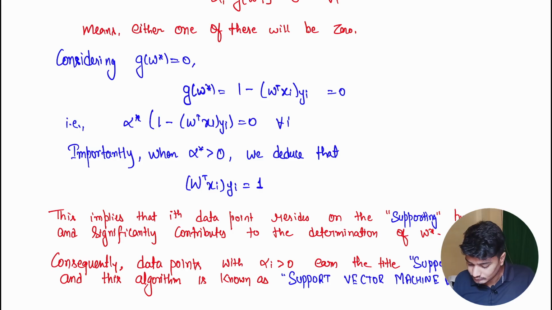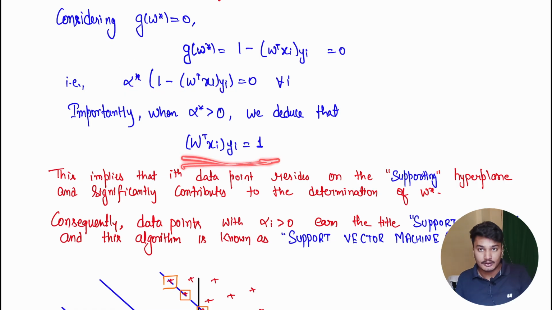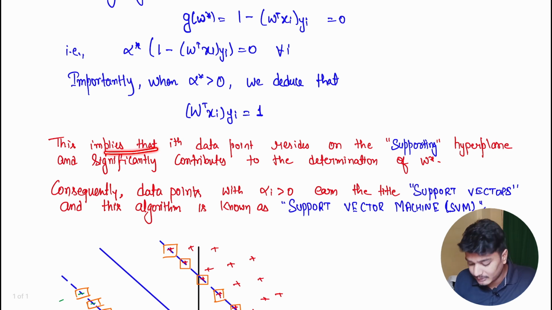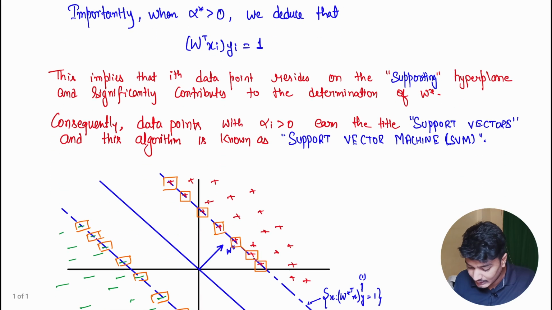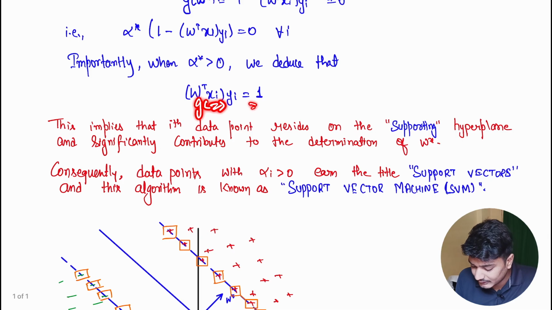Correct? Because this is greater than 0, it is important that this will be 0, which gives us this. Now, this implies that the ith data point resides on the supporting hyperplane and significantly contributes to the determination of W star. That means w transpose xi yi, basically this is nothing but g of z, and it is equal to what?